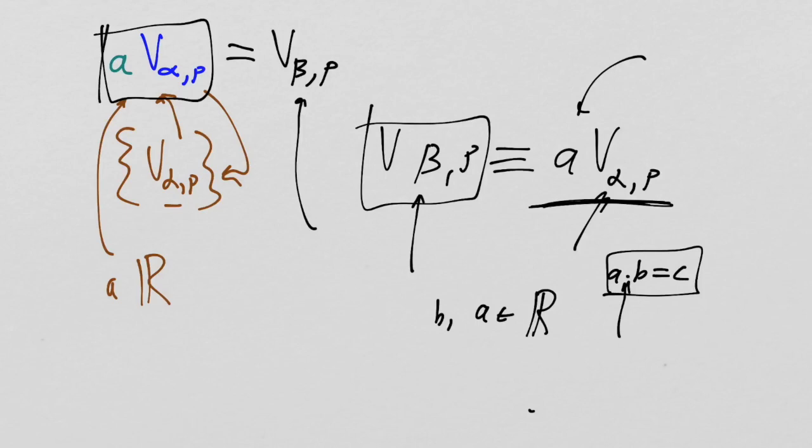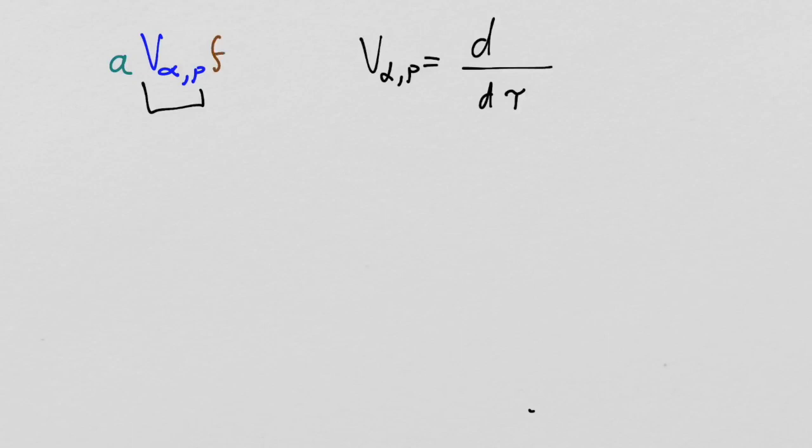So let's do that. All right, so we're going to start by blowing up this guy. And we know that V alpha of P is equal to the derivative with respect to tau of, I guess what I want to say is I need to put my little f there, drawn from the functions, f after alpha.